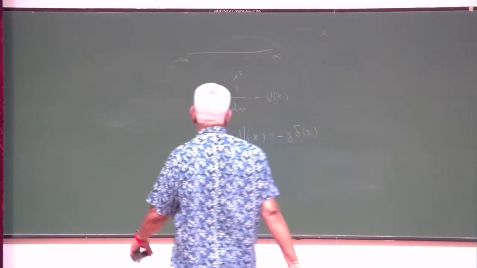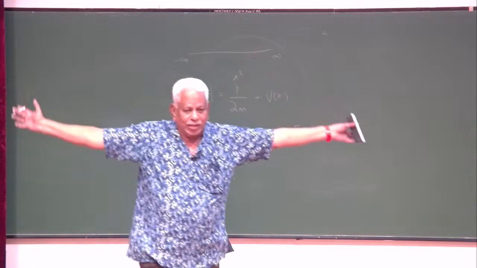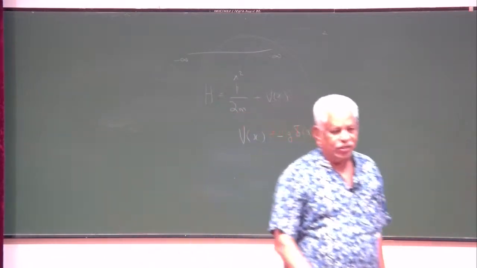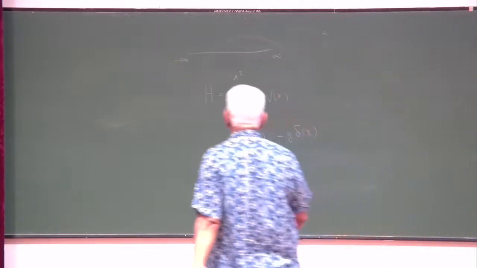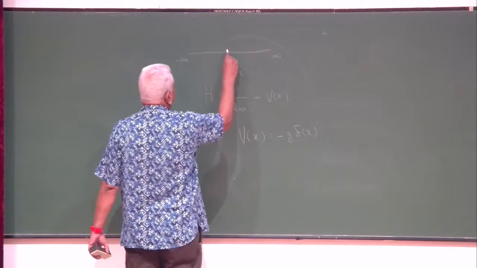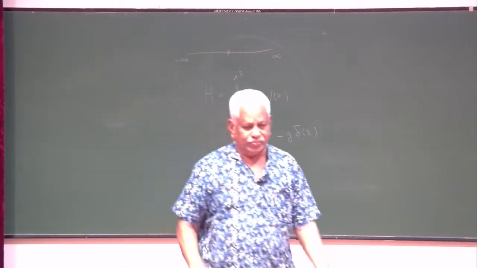In this interval from minus infinity to plus infinity, the function is 0 everywhere else. Everywhere, the function is 0. And at x equal to 0, it is actually infinity.